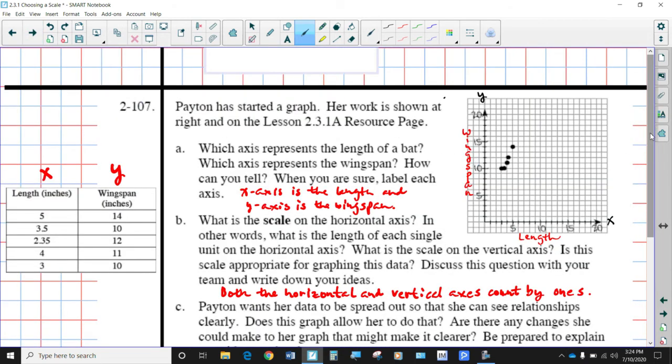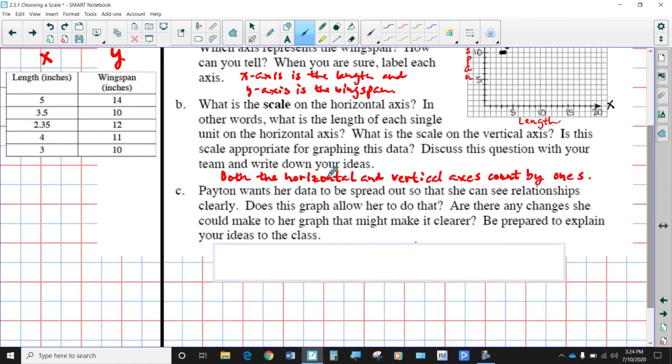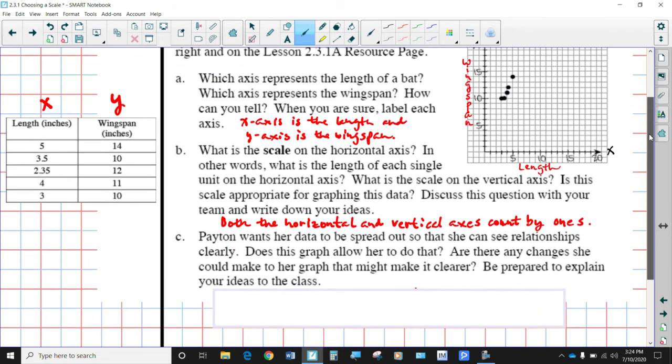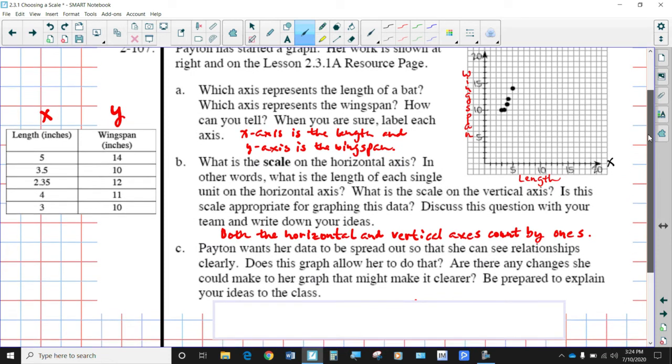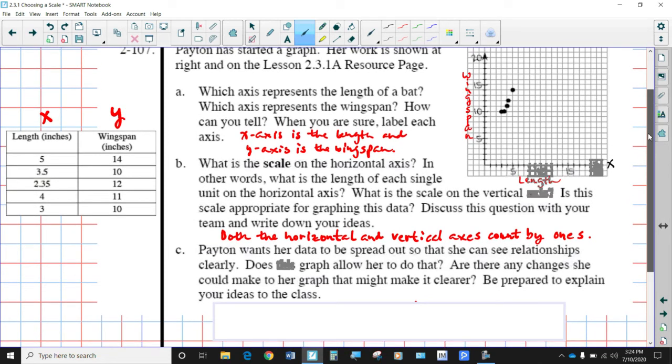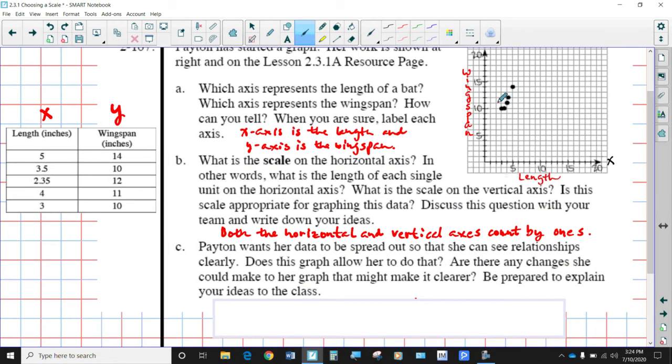Okay, so back to our last question for this particular problem. Peyton wants her data to spread out so that she can see relationships clearly. Does this graph allow her to do that? Are there any changes she could make to make it a little bit clearer? It does look like it's really clustered in there. You've got all this space out here to work with.